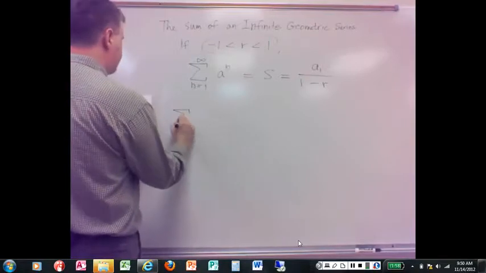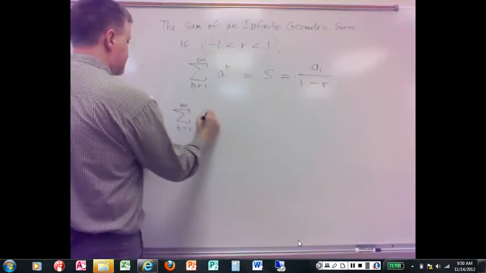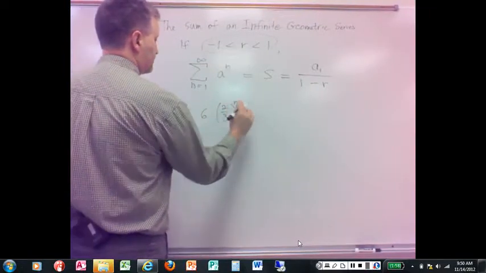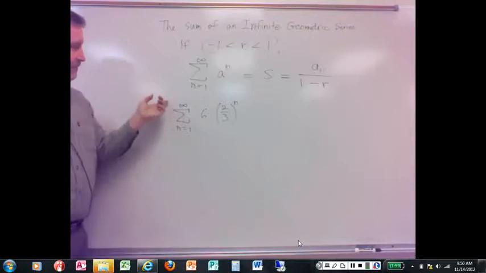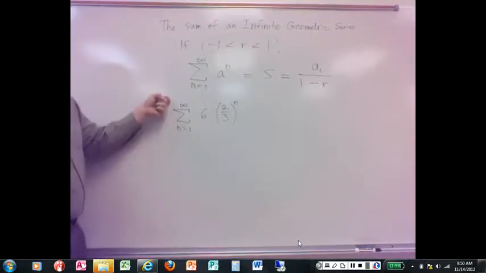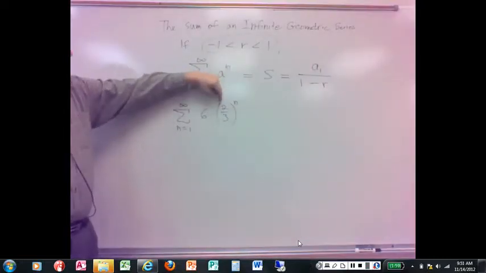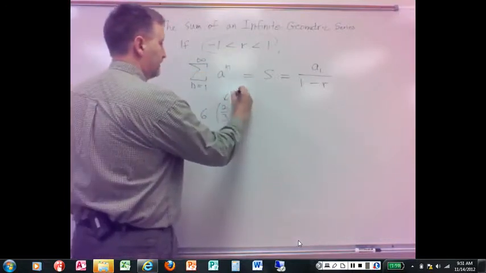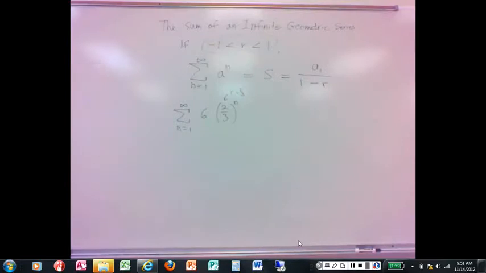If I've got the sum n equals 1 to infinity of 6 times 2/3 to the n. So this fits our parameters, right? We're going to infinity, and so that's what we're looking for to use this one here. The other thing is, of course, right here, this number is between 1 and -1, right? And that's my ratio.